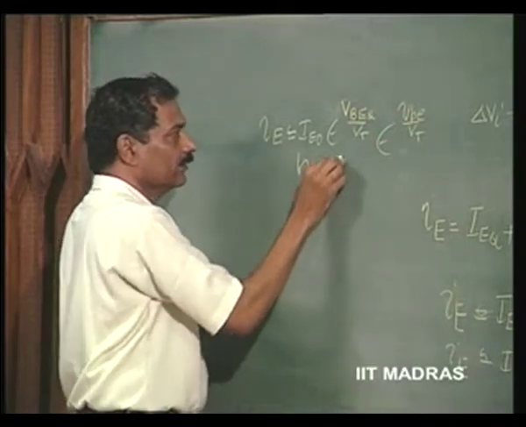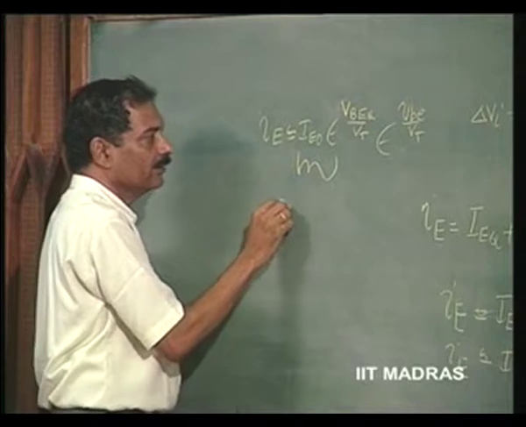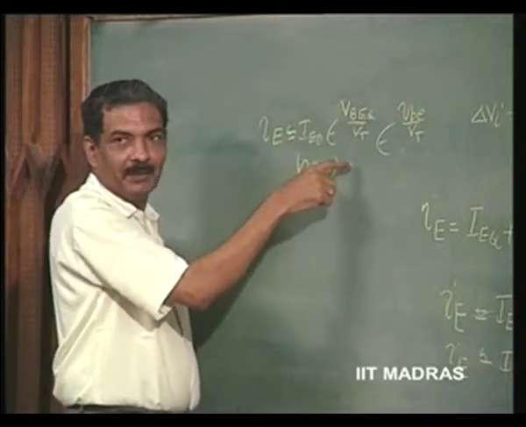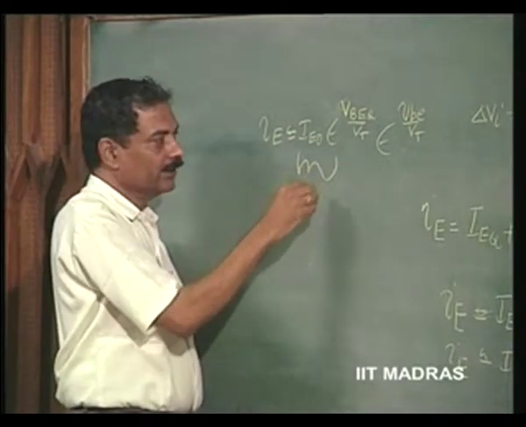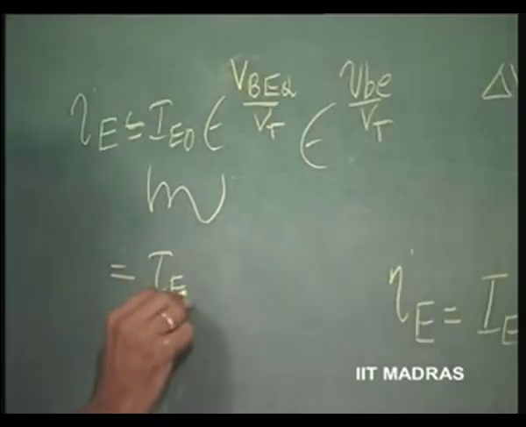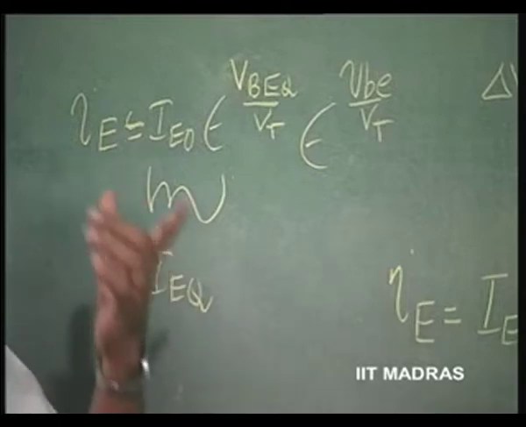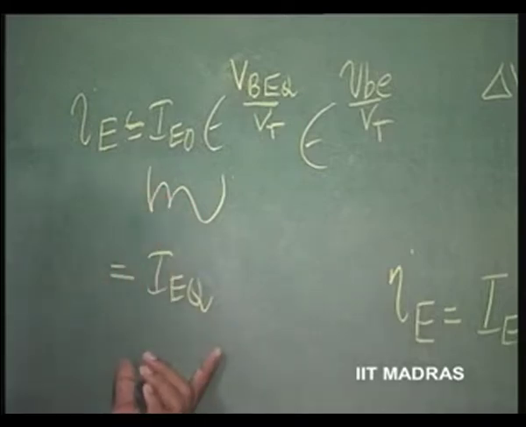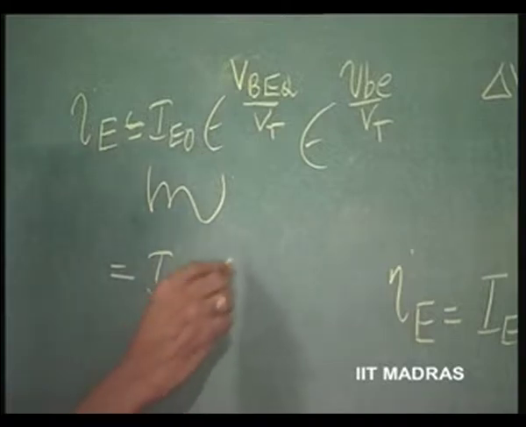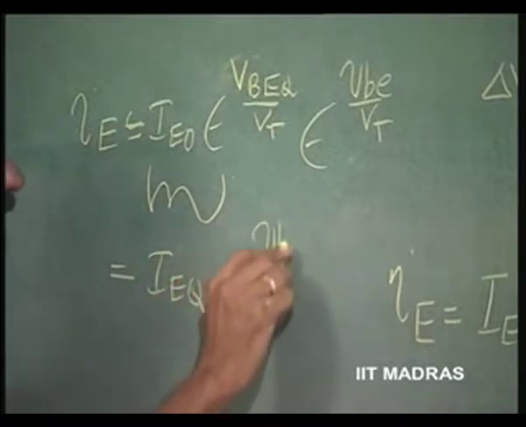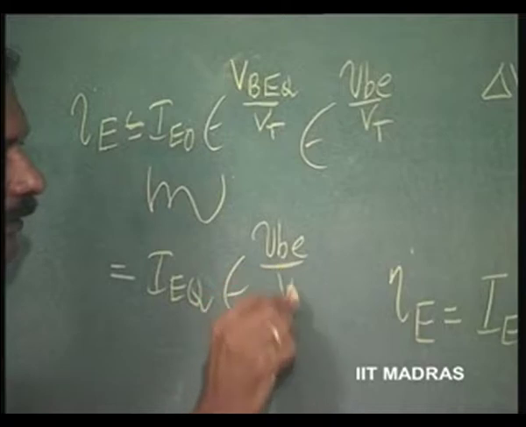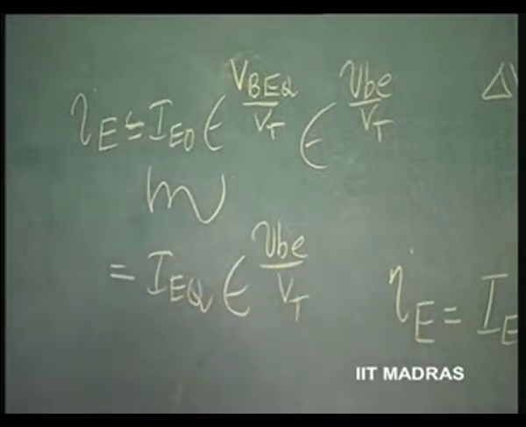This part is nothing but IE naught exponent Vbe q by Vt, by definition is IEQ, okay. This IEQ is already fixed by us, operating current, okay, into exponent Vbe by Vt. Vbe is the input voltage Vi. Right.